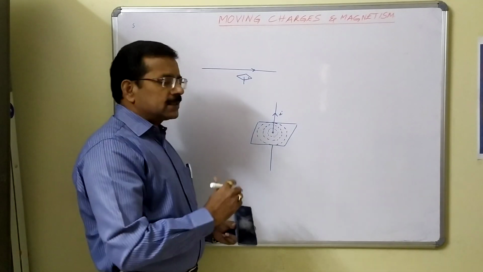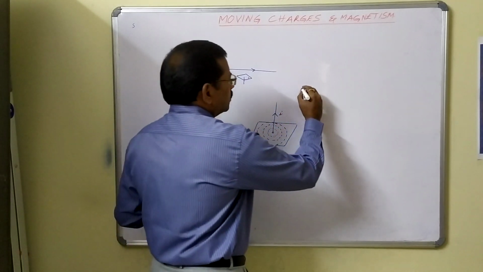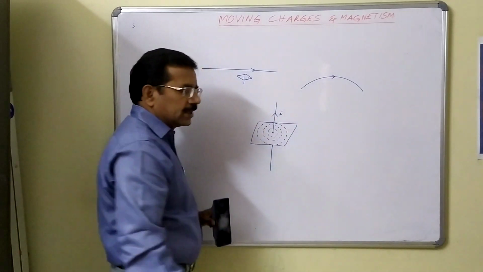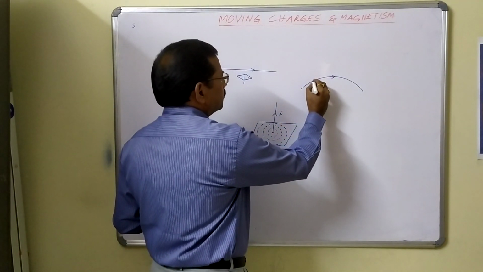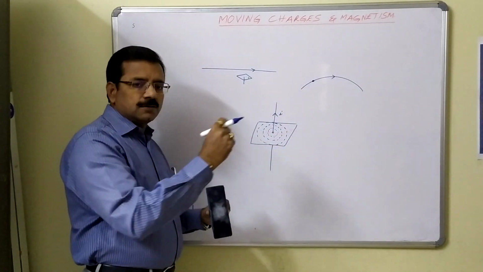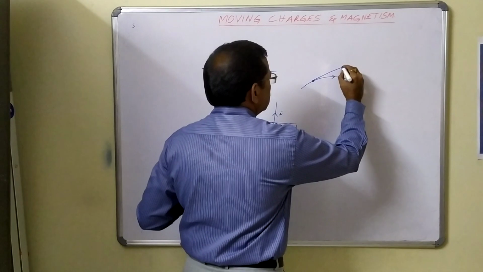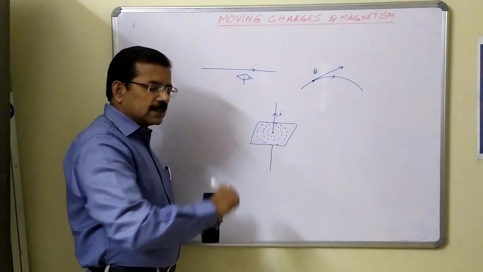One of the properties of a magnetic field line is, for instance, if this is a magnetic field line, if you draw a tangent at a point to this field line, the tangent indicates the direction of magnetic field induction at that point.